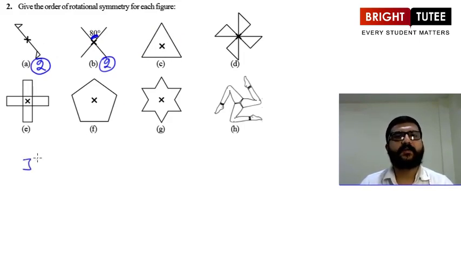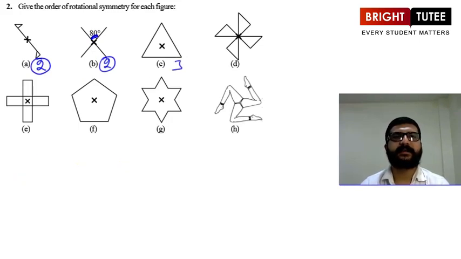So the order of rotational symmetry will be 360 divided by 120, and by simplifying we will get 3. If we rotate this by 360 degrees, we will obtain 3 positions at which we are getting exactly the same figure. So the order of rotational symmetry for the C part of the question is 3.